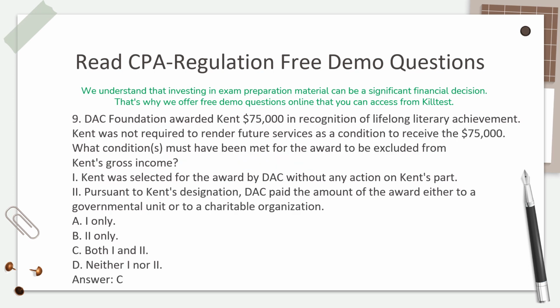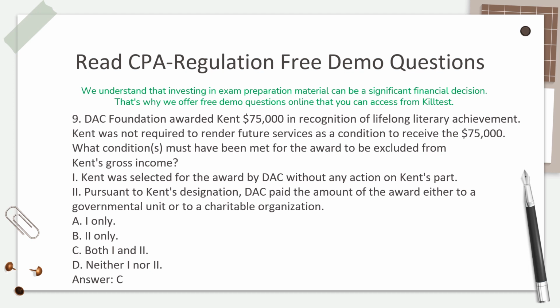9. DAC Foundation awarded Kent $75,000 in recognition of lifelong literary achievement. Kent was not required to render future services as a condition to receive the $75,000. What conditions must have been met for the award to be excluded from Kent's gross income? 1. Kent was selected for the award by DAC without any action on Kent's part. 2.